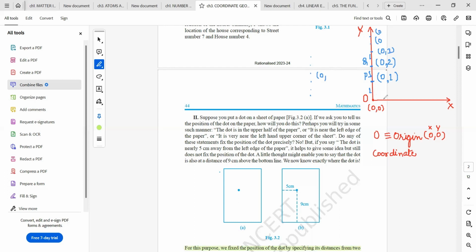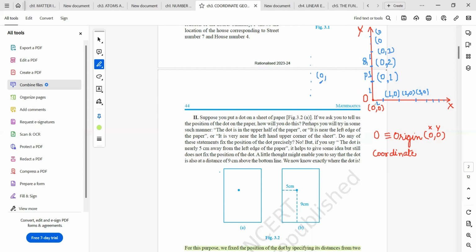Similarly, if I travel one distance towards the x-axis, it has traveled 1 towards the x-axis and 0 towards the vertical axis, that is the y-axis. So the coordinates here will be 1, 0. If I travel one more, then 2, 0. If I travel one more, then 3, 0, and so on. So for all the points lying on the y-axis, the x coordinate is 0 because it has not traveled any distance towards the x-axis.